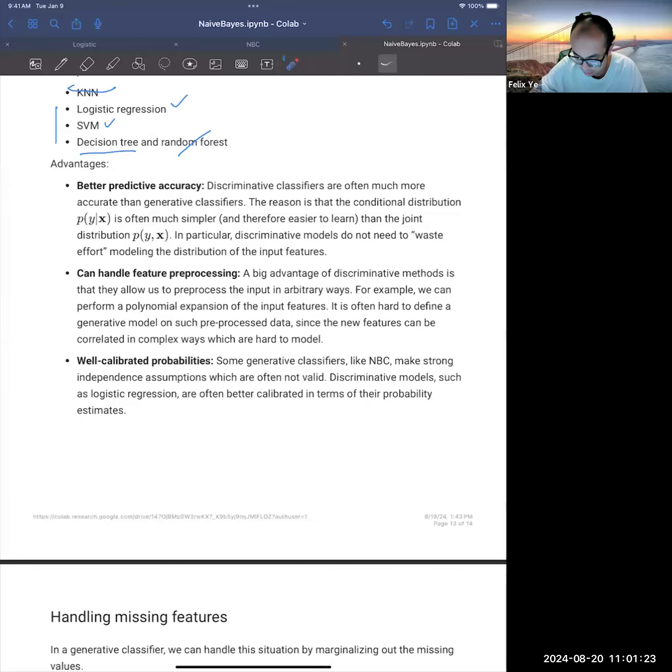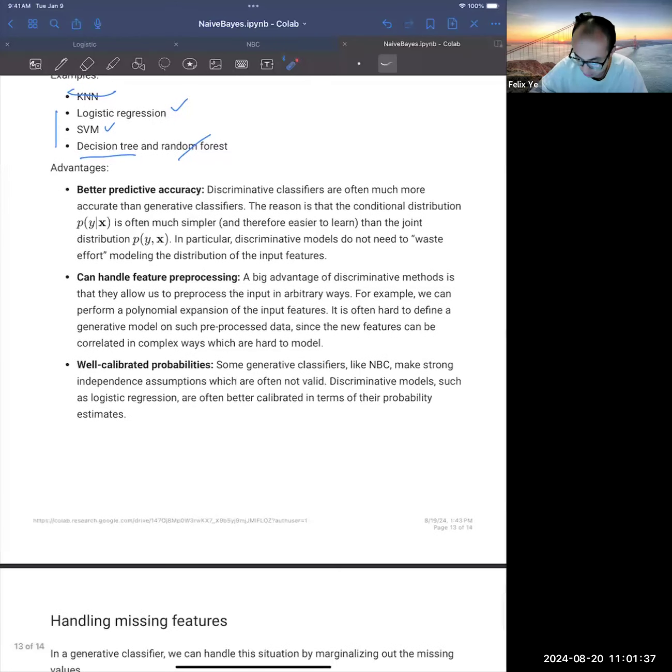But usually that will be quite tricky, and it might not be super accurate. So that's why if we use discriminative models, there's no need to waste the effort to model this p(x) right here.